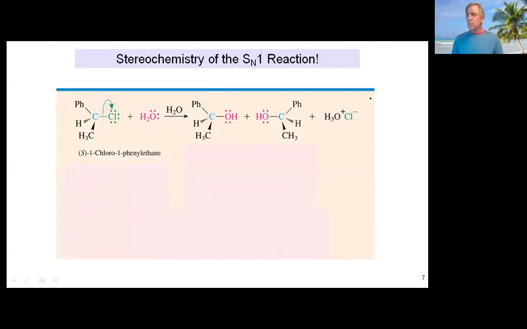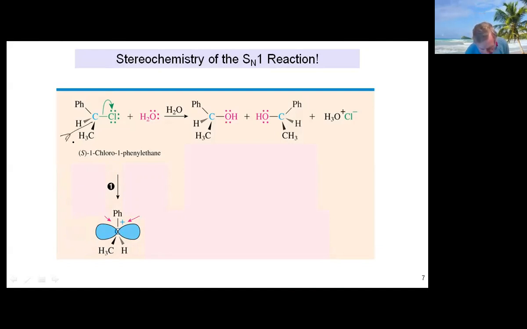So the very first thing, again, in the slowest step of an SN1 mechanism is the leaving group falls off. And so when the leaving group falls off, then we have our planar carbocation. Remember, the Ph stands for benzene ring. So what name do we give this carbon here?